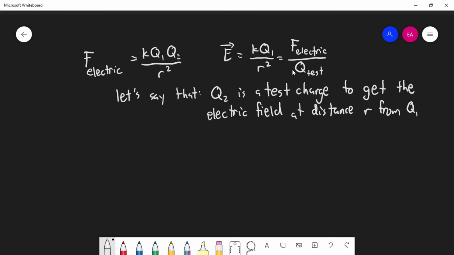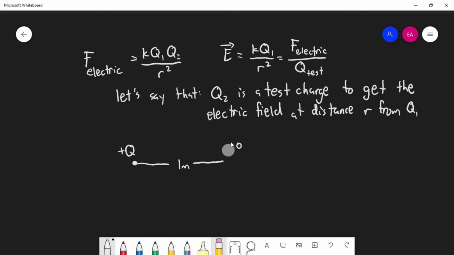Now, an example of this would be, for example, if you have a positive charge here, let's just call it positive Q, and a test charge here, let's call that Q null. Let's say they are 1 meter apart.